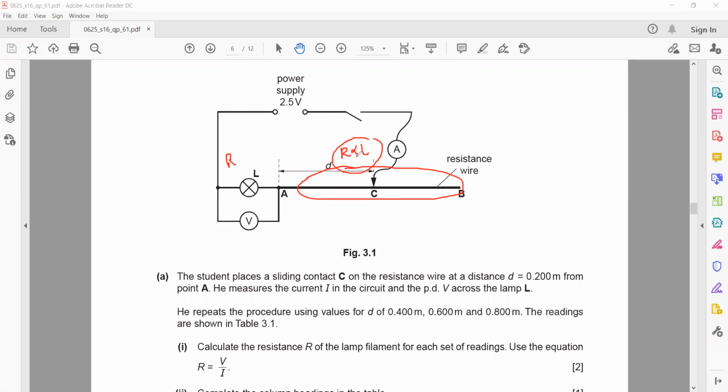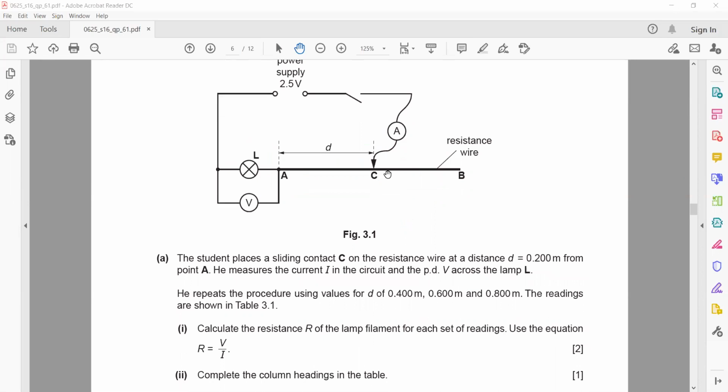As the resistance of the wire changes, the voltage across the wire increases and the voltage across the lamp decreases. The voltage and current across the lamp will change, but the ratio of voltage and current across the lamp should be the same. For a metal wire, resistance and length are directly proportional, but they are asking about this filament lamp. Is it clear?